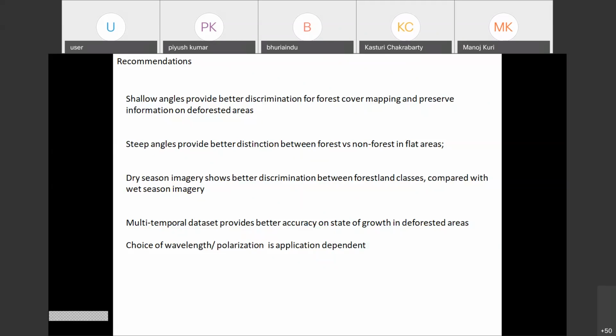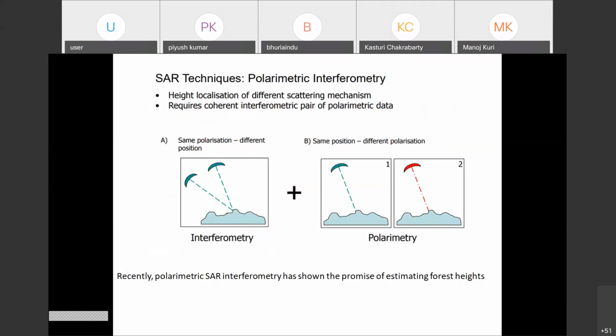And also in dry seasons, even C band can penetrate to a certain extent within the forest for biomass estimations. And definitely multi-temporal data sets are always used for studies like deforestation studies, and we need to have a choice of polarizations and incident angle, particularly when we are taking up a forest study.